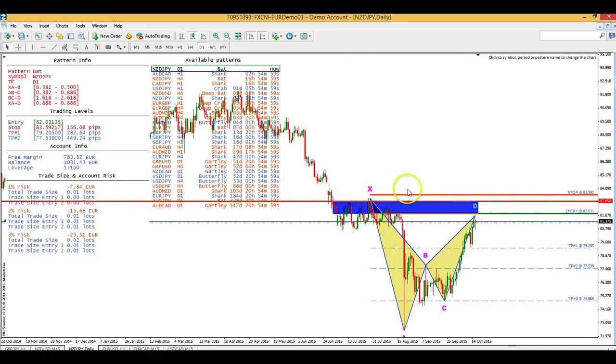You would obviously put your stop loss above here, which would be anywhere, let's say from here to here, a good 100 pips. Let's just say 80 pips, just to round it up. So you're risking 80 pips, that'd be your stop loss, to potentially net 350 pips to 500 pips. I do that all day long.